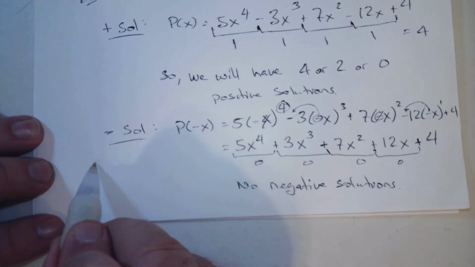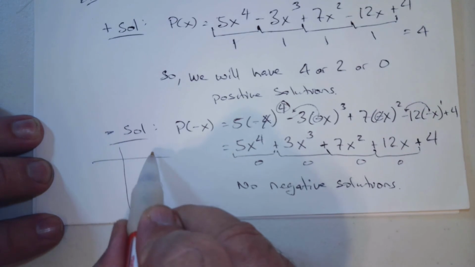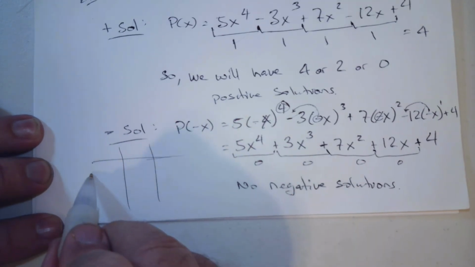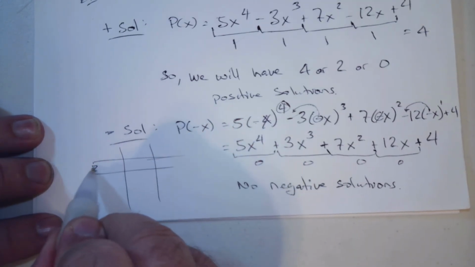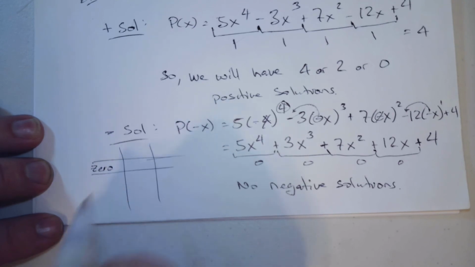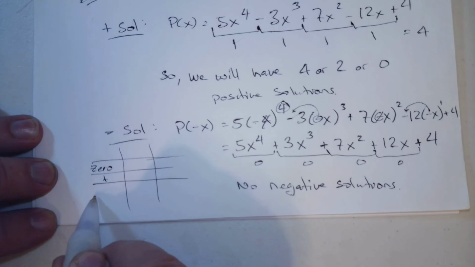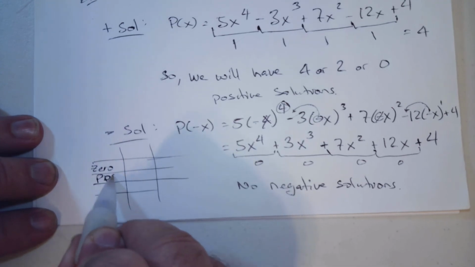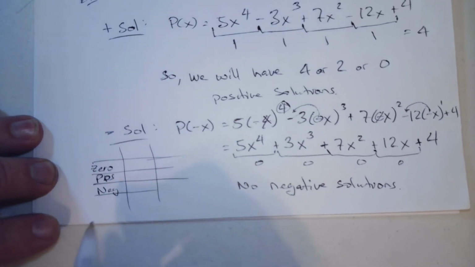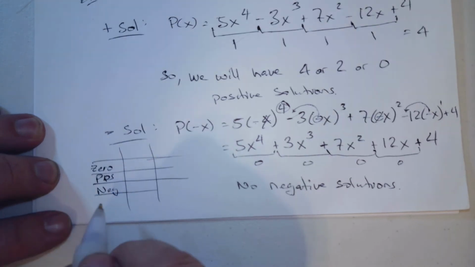All right, so let's look at all the possible answers here. We can have 0 as a solution, a positive, a negative, and let's say complex.